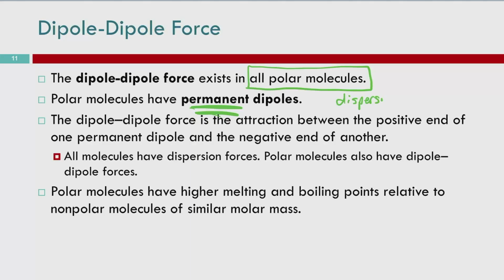Since they are temporary and also weak, permanent forces are going to be stronger, right? They're always there. They're never going to go away. So just on average, we can think of them as being stronger than our dispersion dipoles. Those partial positive, partial negatives being the dipoles.